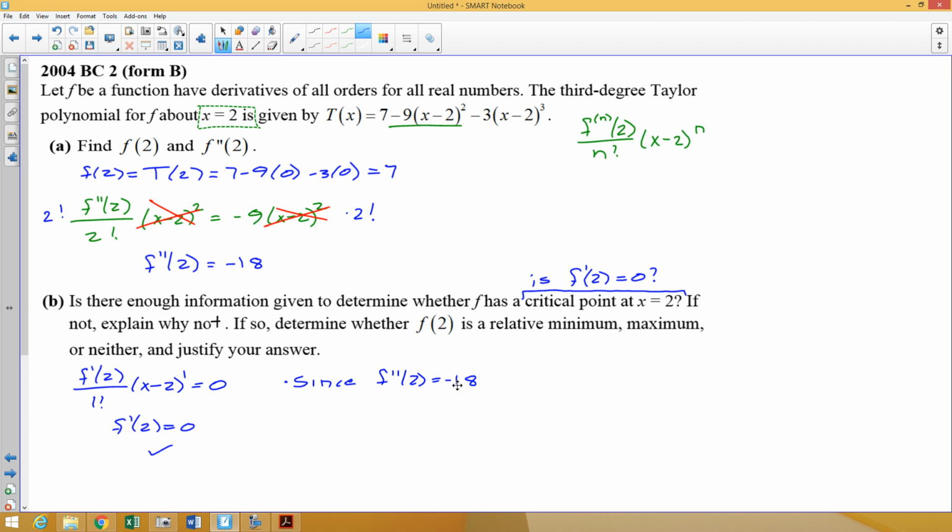And if a function is concave down at a critical number, this thing must be at a local max. So negative 18 is less than 0. Therefore, f of x has a local max by the second derivative test.